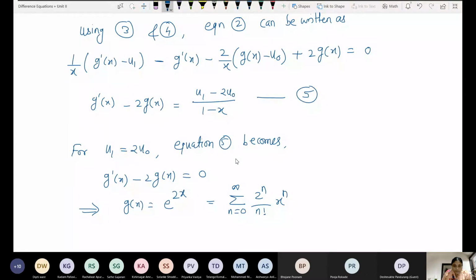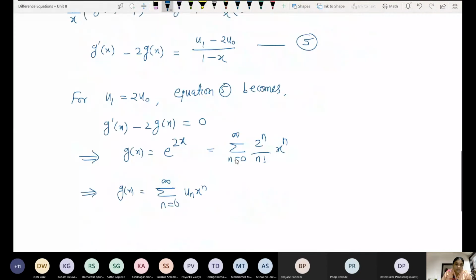So if g of x is equal to this one, this implies g of x is nothing but the summation n is equal to 0 to infinity of un x raised to n, which is nothing but the summation n is equal to 0 to infinity of 2 raised to n upon n factorial x raised to n that we have got.